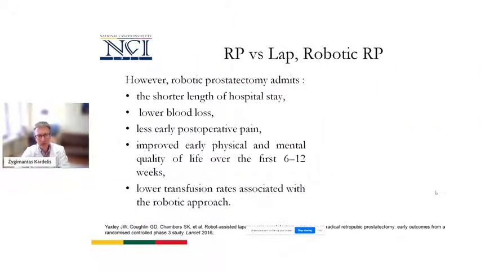But anyway, nowadays robotic radical prostatectomy can offer shorter length of hospitalization, lower blood loss, less early postoperative pain, improved early physical quality of life, and lower blood transfusion rates.